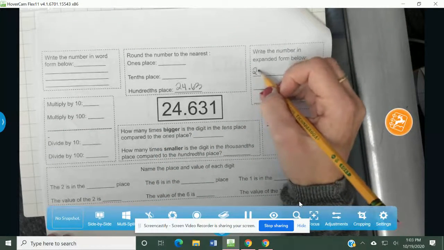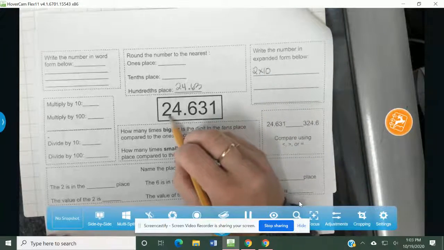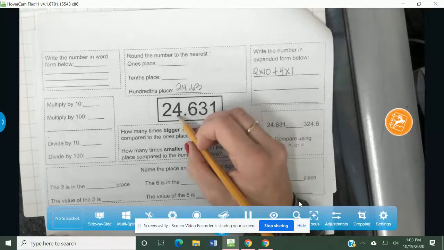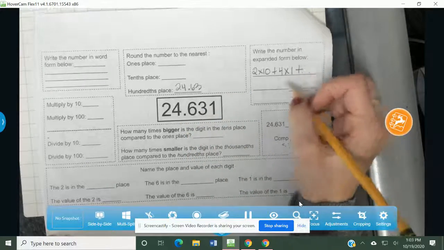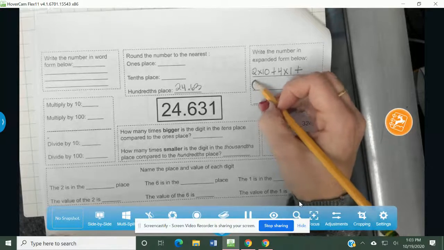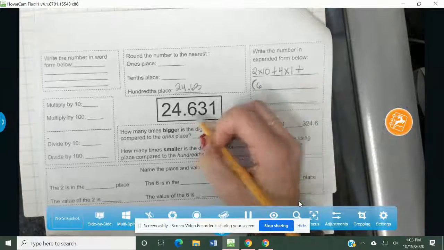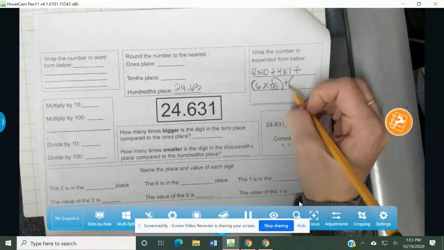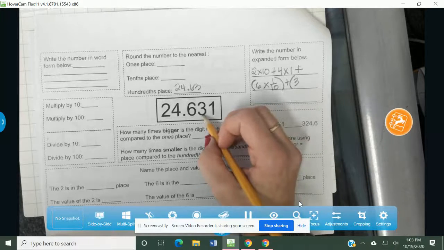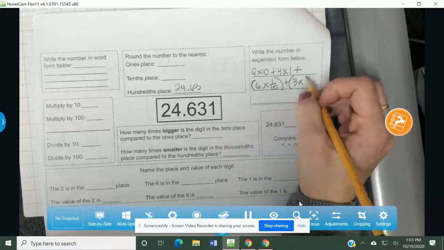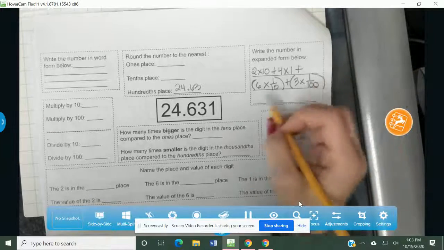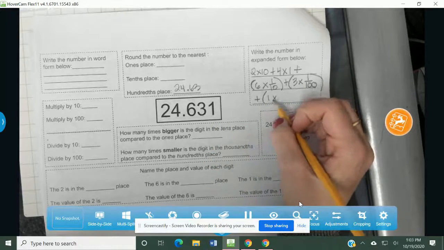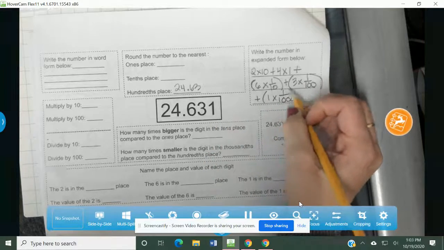I'm going to say 2 times 10, because 2 is sitting in the tens place, plus 4 times 1, because the 4 is sitting in the ones place, plus, and now here's where we need the parentheses, because I'm in the decimal area, a 6 is sitting here, and I multiply it times a 1/10 because it's in the tenths place, plus parentheses 3 because the next digit is a 3, and I'm going to multiply it times 1/100th because it's sitting in the hundredths place, and then plus parentheses 1, I have a 1, and I'm going to multiply it times 1 over 1,000 because it's sitting in the thousandths place.